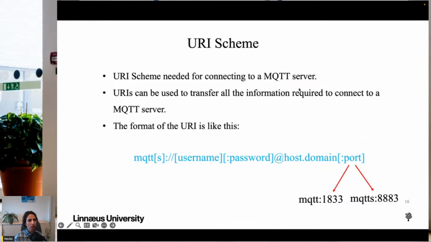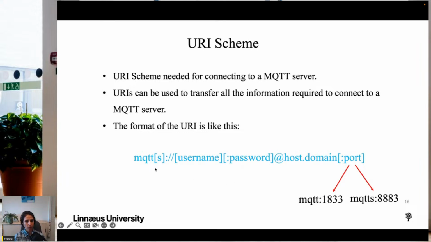What is the URI scheme? The URI scheme is needed for connecting to an MQTT server, and URIs can be used to transfer all the information required to connect to an MQTT server. The format of the URI is like this: mqtt, or mqtts with the S, which means that it is secured.